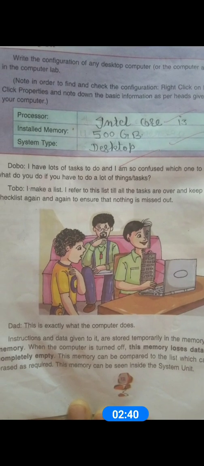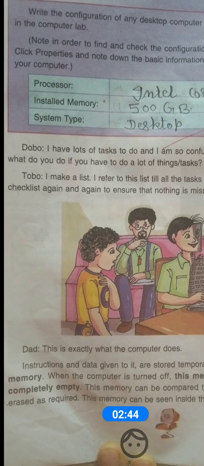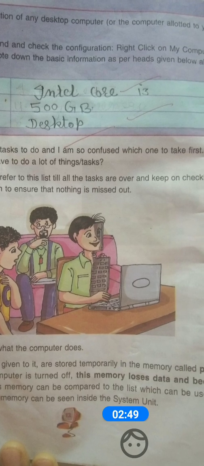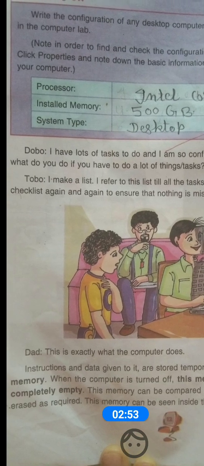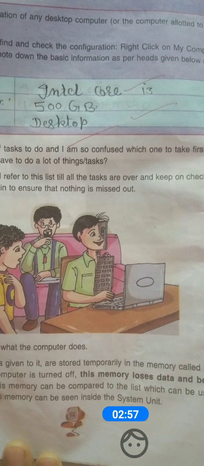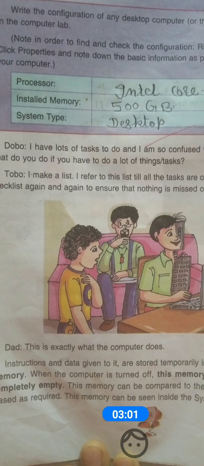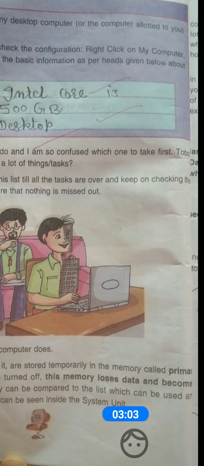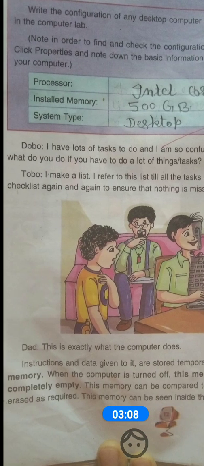Now Dad said, this is exactly what the computer does. Instructions and data given to it are stored temporarily in the memory called primary memory, and when the computer is turned off, this memory loses data and becomes completely empty. This memory can be compared to the list which can be used and erased as required.